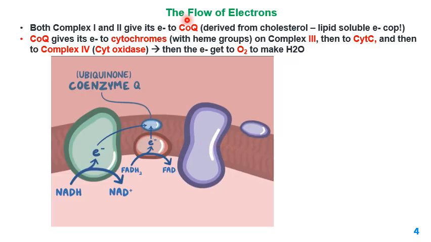So CoQ, coenzyme Q, can transfer electrons from complex 1 to any of the other complexes. Okay? After complex 4, you're going to have the transfer of electrons to the final electron acceptor, which is oxygen. When you transfer that to oxygen, then you're going to make water. Okay, this is a more reduced form.